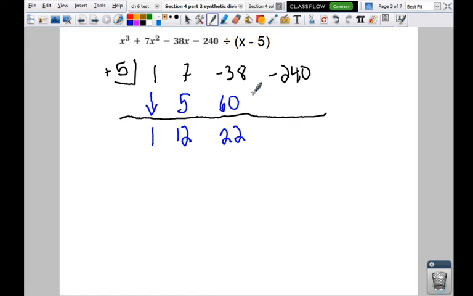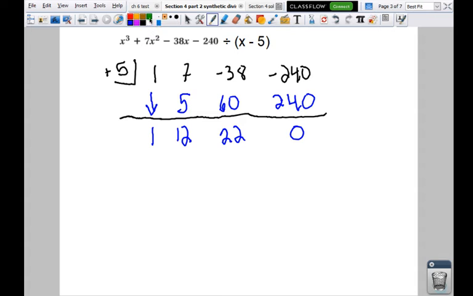So I add it straight down, and then we repeat. 5 times 22 is 240. Put it in the next line. And we add straight down, and we get 0. And I don't have any more columns, so I'm done now.